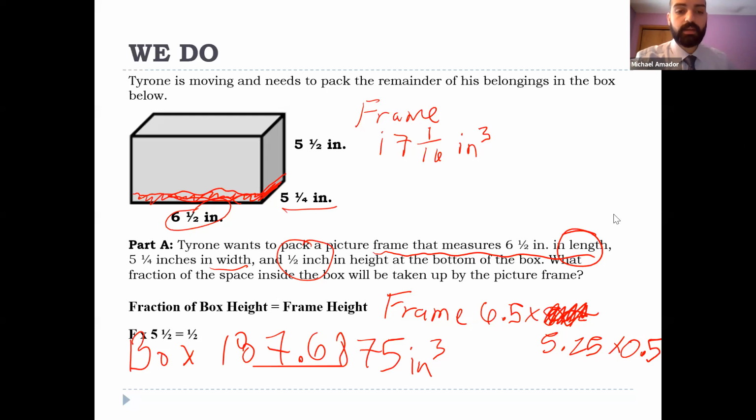If you divide 187.6875 by 17.0625, you get 11. So 11 picture frames can fit in there. The answer is what fraction? The answer will have to be 1/11.